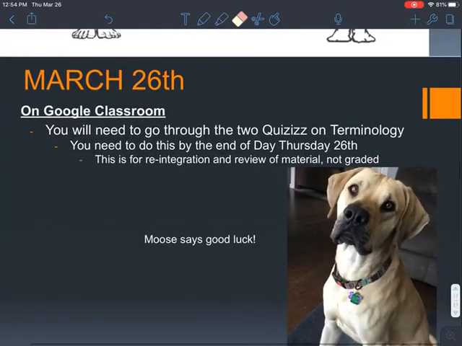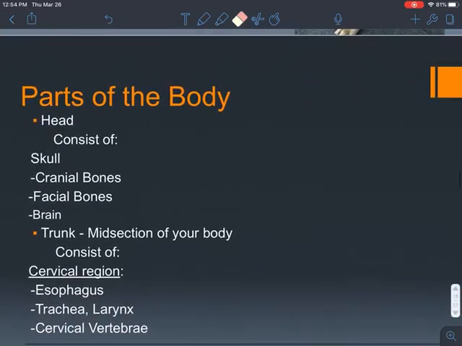All right, so now we learned terminology, and now we're going to learn the different body regions.